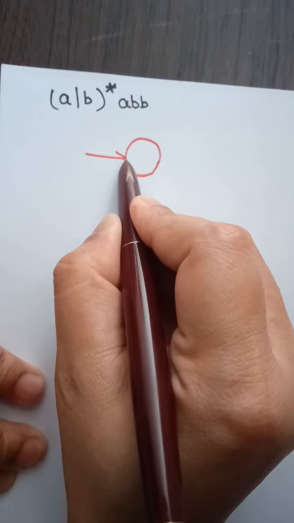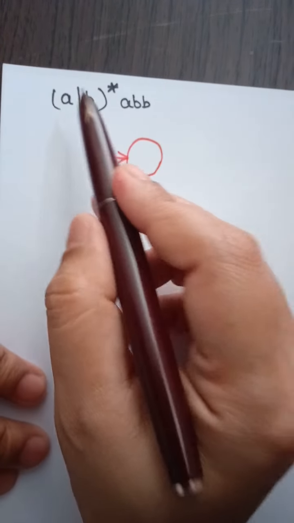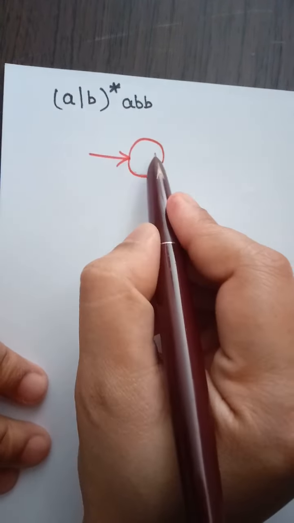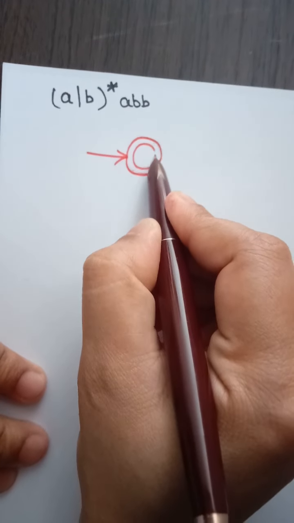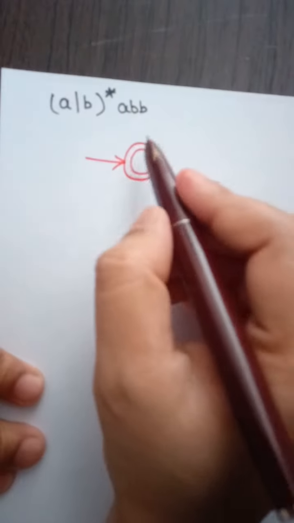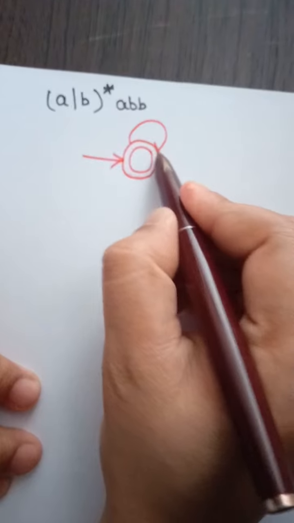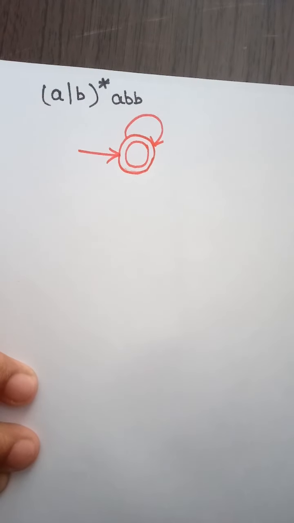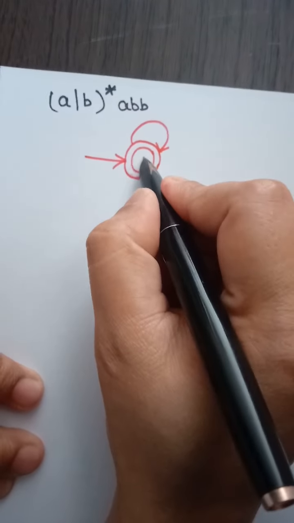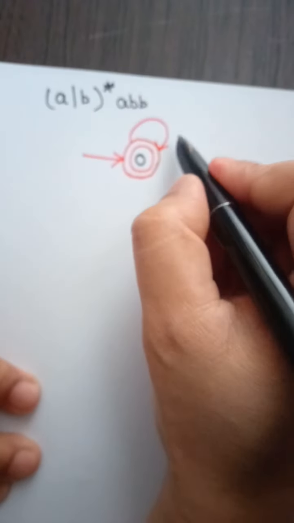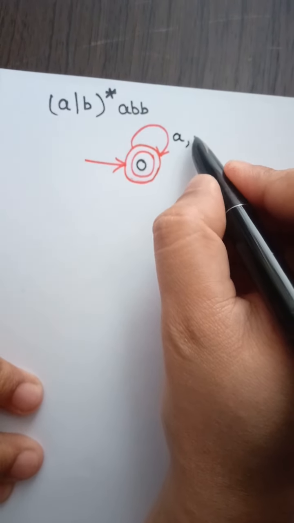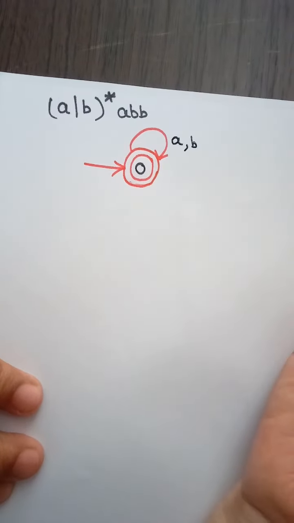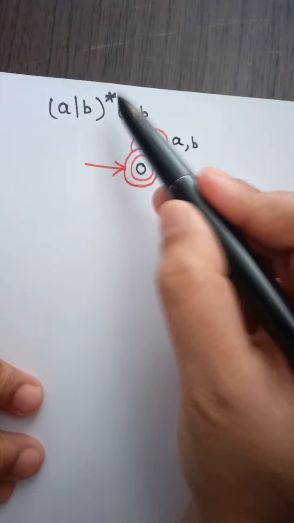This is the start state, and for (a+b)* the same state will be the final state. Since it is (a+b)*, the transition takes place like this. This state is 0, and the input symbols are a, b. This is for (a+b)*.